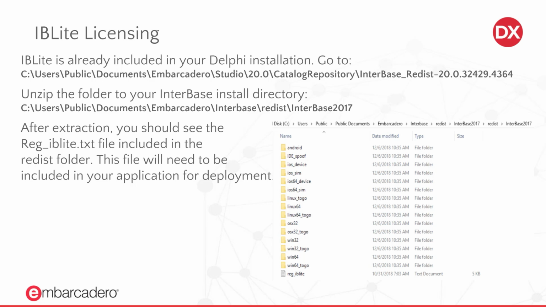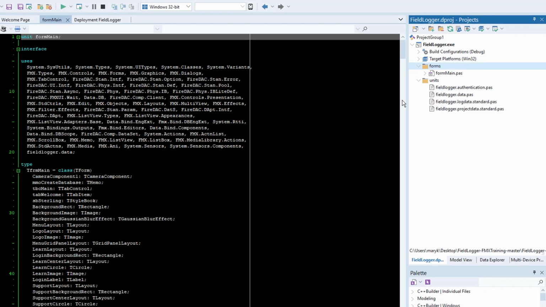Now we're going to jump into the IDE where I can show you just how easy it is to embed InterBase into your mobile applications. There are 2 files that you need to add to the project manager for any of the applications that you're wanting to deploy InterBase out to.